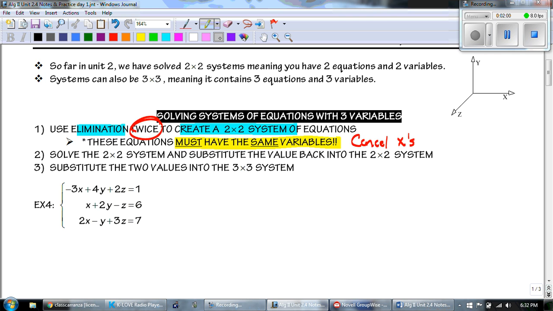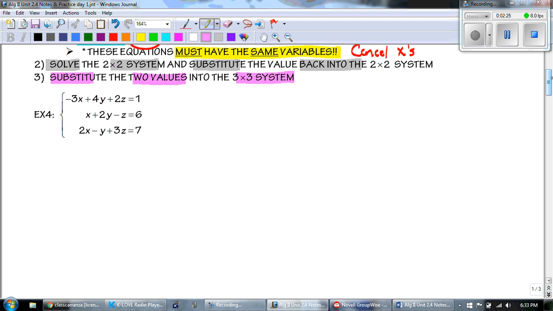And then we'll have 2 new equations, and then we're going to solve the 2x2 system, and then substitute back in. And then once we're done substituting everything, we'll be able to come back and substitute the 2 values into the 3x3 system. Okay, now, I know you're like, whoa, that's really weird. It's not that bad. Okay, so let's go for it.